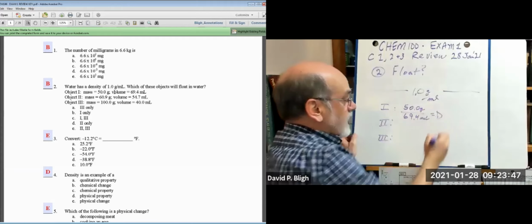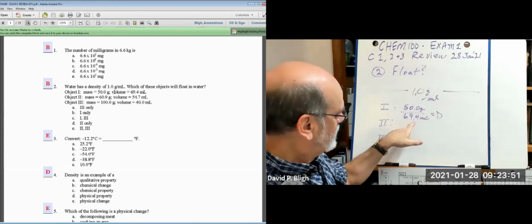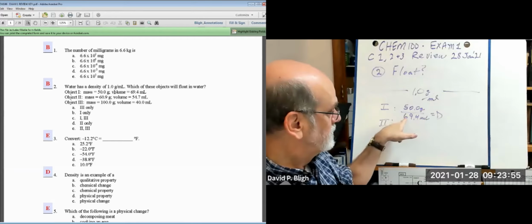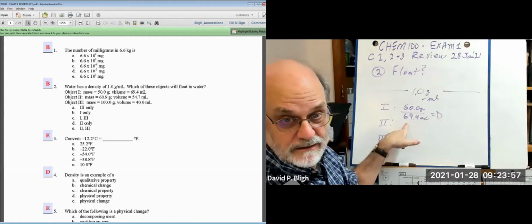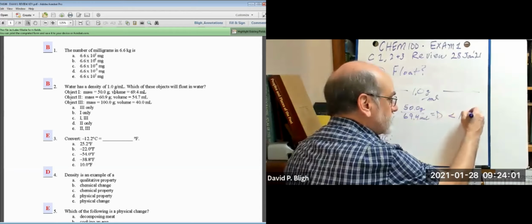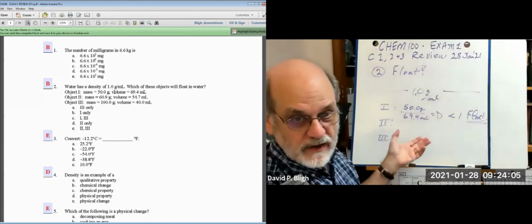That's equal to density, right? Mass divided by volume. So what's that number? Is it going to be greater than 1 or less than 1? It's less than 1, so it floats. Don't even have to do the calculation.